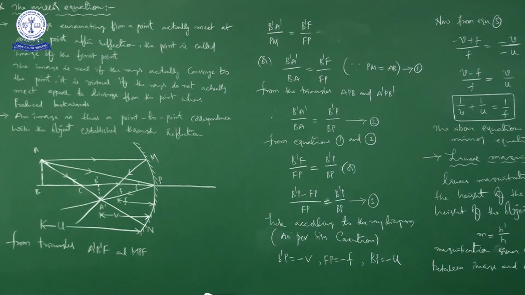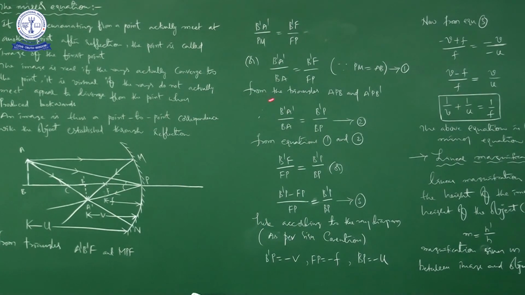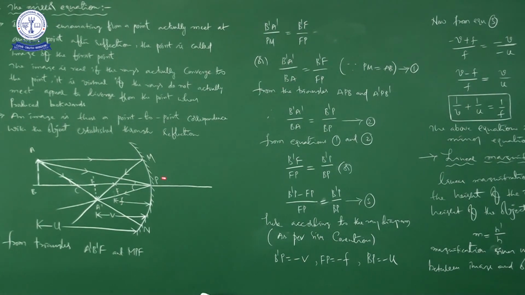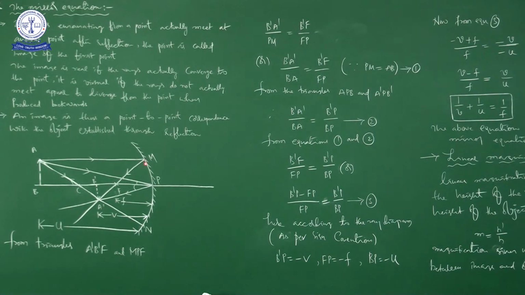So here, okay, the difference between the above and below is that in place of PM we have written BA. Because PM is just like a straight line for a small amount of curvature. If P is here, this much distance we are neglecting when compared to the curvature.